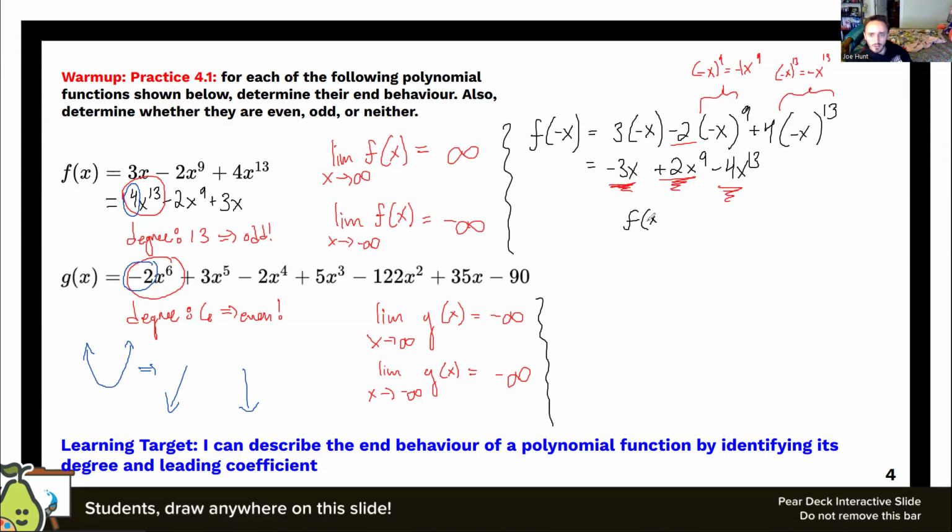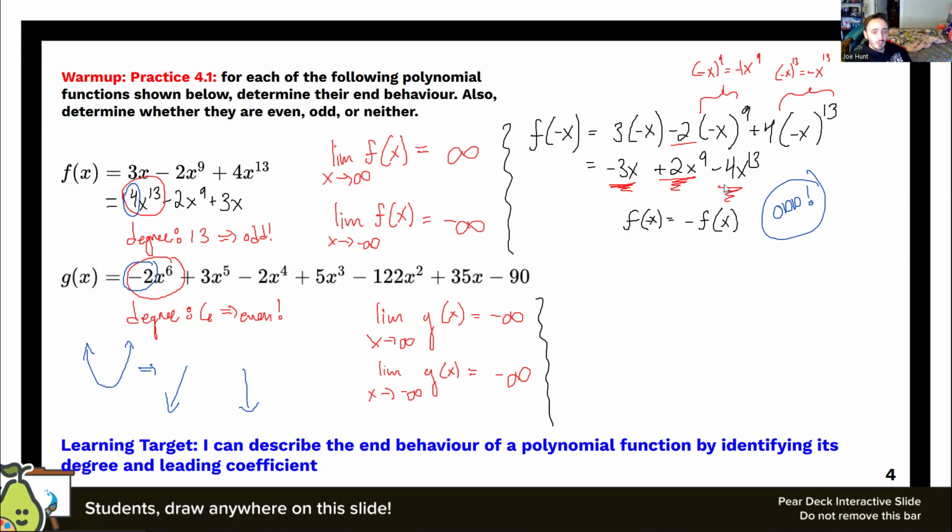So when I give it a negative input, it's like negating the original outputs. F of negative x is the same thing as negative f of x. So f of x in this context turns out to be an odd-powered function. It's met that condition. And if you graph it and grab the top and the bottom and turn it 180 degrees, it maps right back onto itself perfectly.